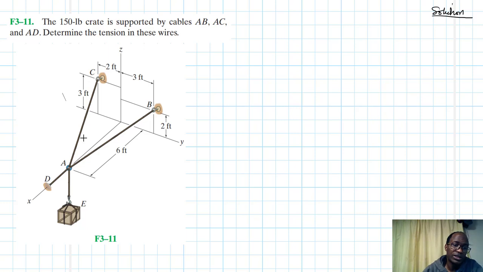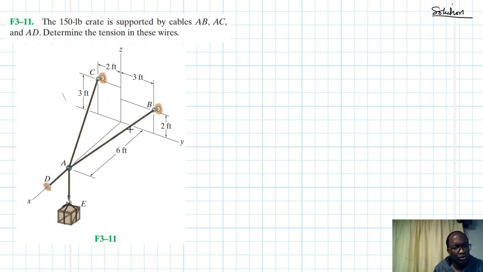But along AC and AB, it takes a little bit of time. Calculate the unit vectors, multiply them by the forces AB and AC, and later sum up those force vectors using vector principles, and then separate them. Equate the x's alone, the y's alone, and the z's alone equal to 0, and then have three equations, and then solve for the unknowns because we have three unknowns.